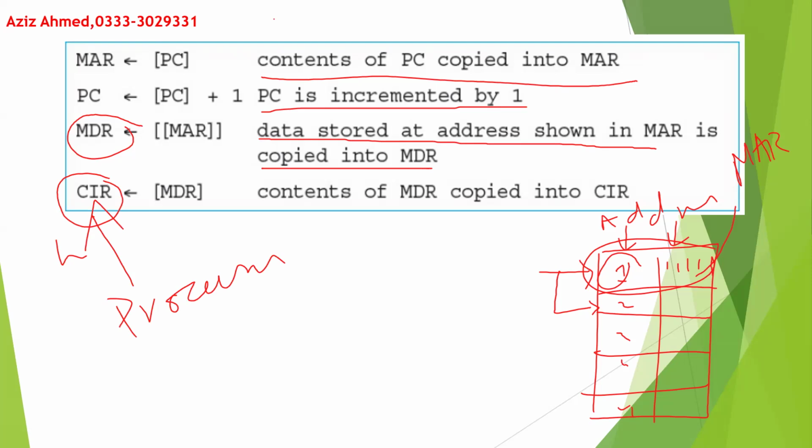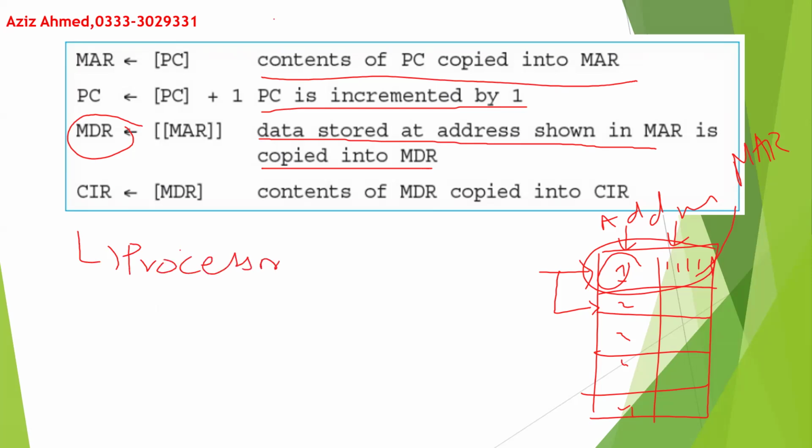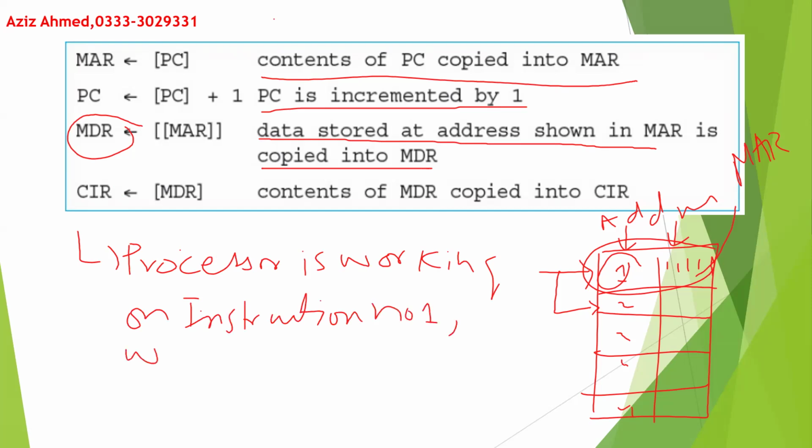I can write here: the processor is working on instruction number 1, which is held by CIR.